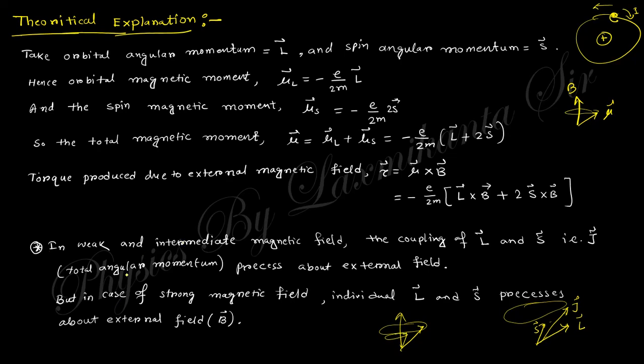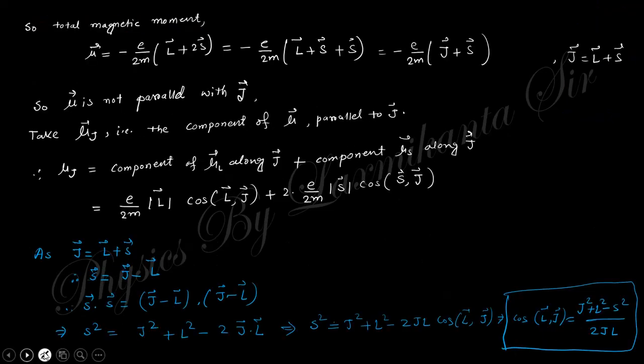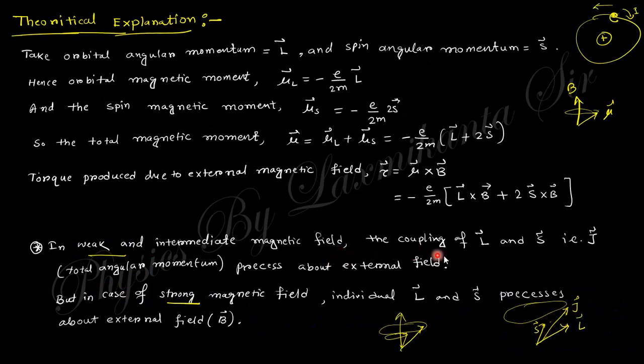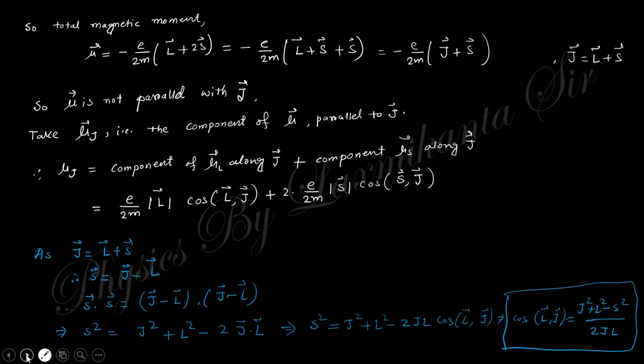So this is the basic difference when we apply a weak or a strong field. The Zeeman effect is actually observed in a weak magnetic field. So for a weak magnetic field, this theory says that L and S do not individually precess. Their combination J will precess about it.